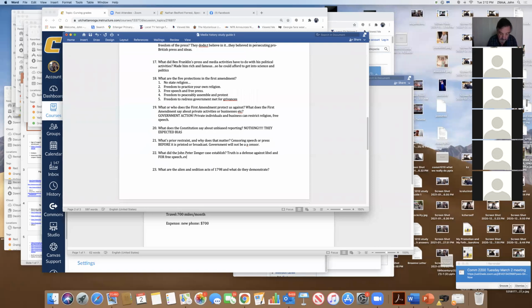So even hurtful things are allowed if true. Freedom to speak truth to power. If you're a poor German immigrant, you can publish things about the king or the governor as long as they're true.